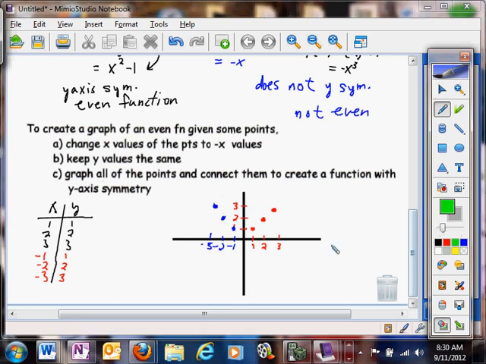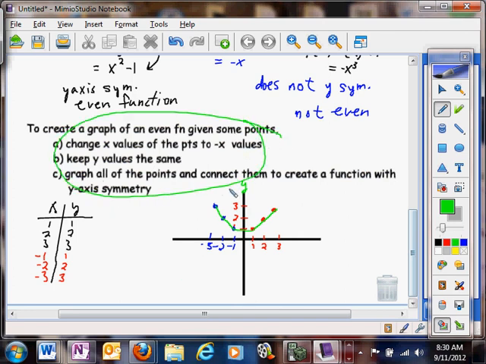And when I connect these, you can see that I have y-axis symmetry. What is on the left side of the y-axis matches what's on the right side of the y-axis. So if you followed these steps, it's pretty easy to create a function with y-axis symmetry. And it's easy to check because it either has y-axis symmetry or it doesn't.